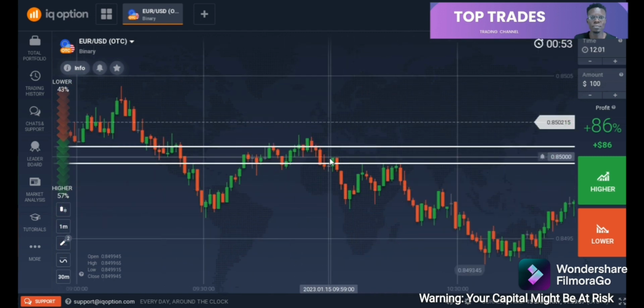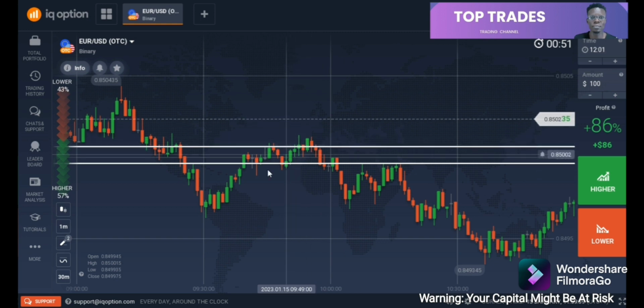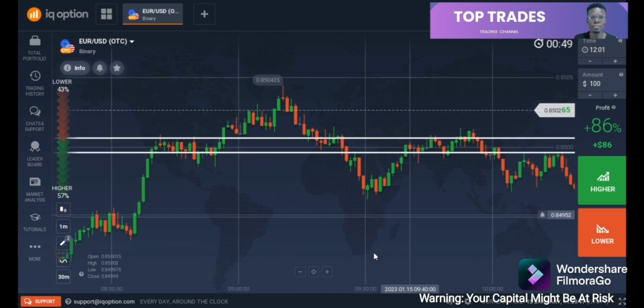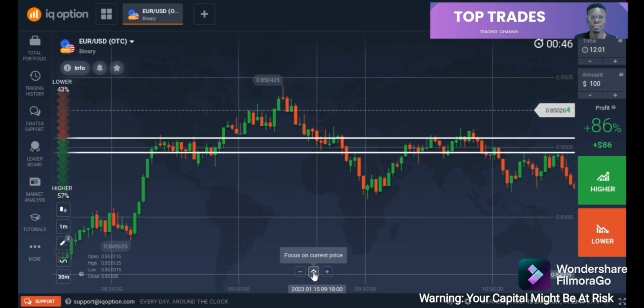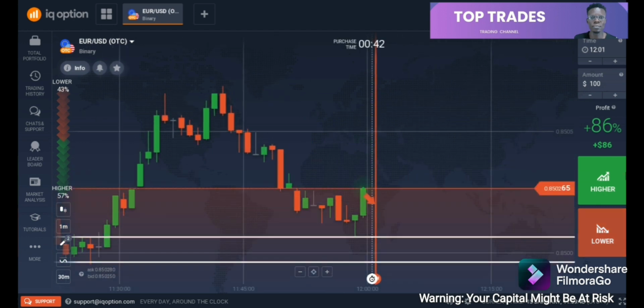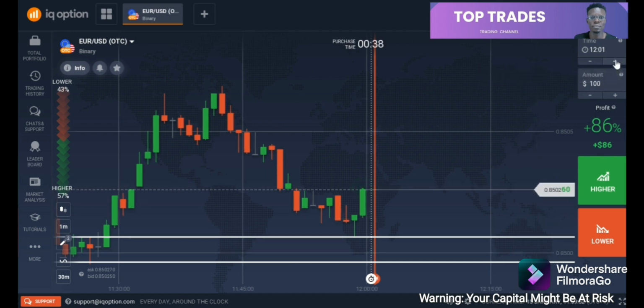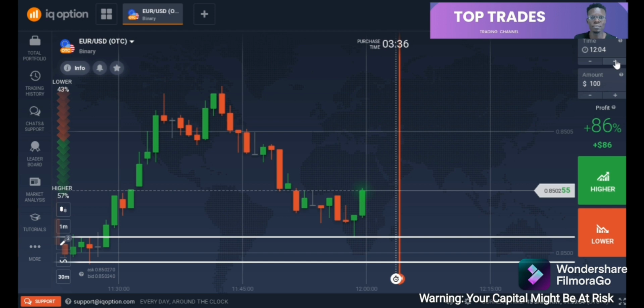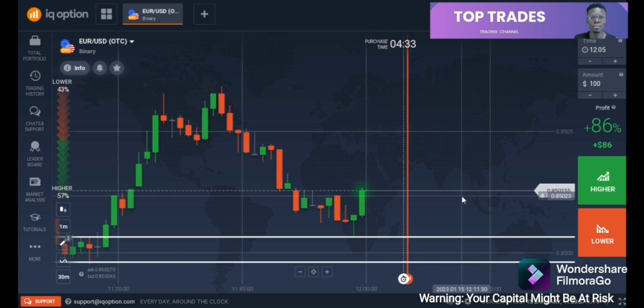This is pretty good. This is a whole area of resistance in the past, the whole area of support in the past as well. So okay, now we have the good candlestick confirmation, a strong candle currently running. So I think we should go with the trade now at the end of this candle.